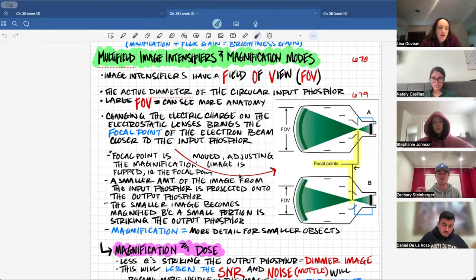As you pull the focal point closer, you minimize it at the input, which now magnifies it at the output.